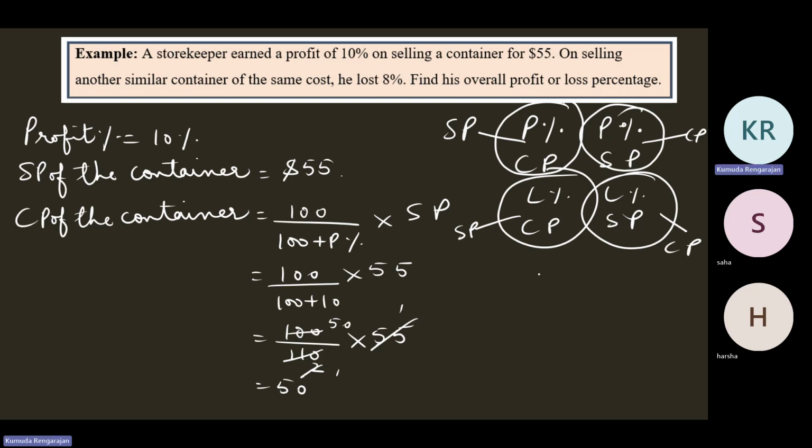Which means along with profit percent and loss percent, if you're given SP, you can find CP. If you're given the CP, you can find the SP.